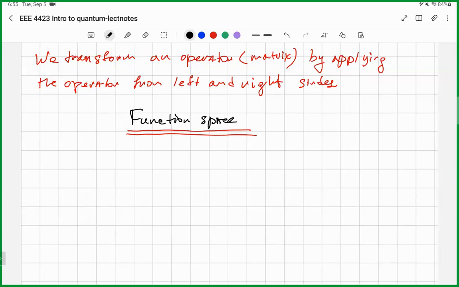Let me give you an example to make it clear. So the functions can be orthogonal.